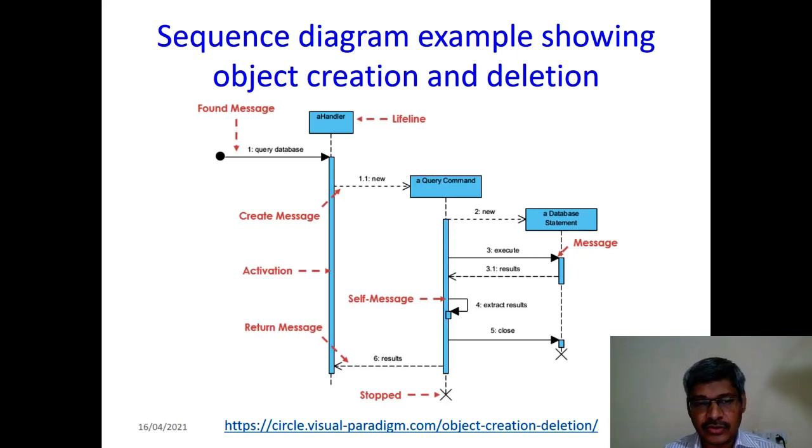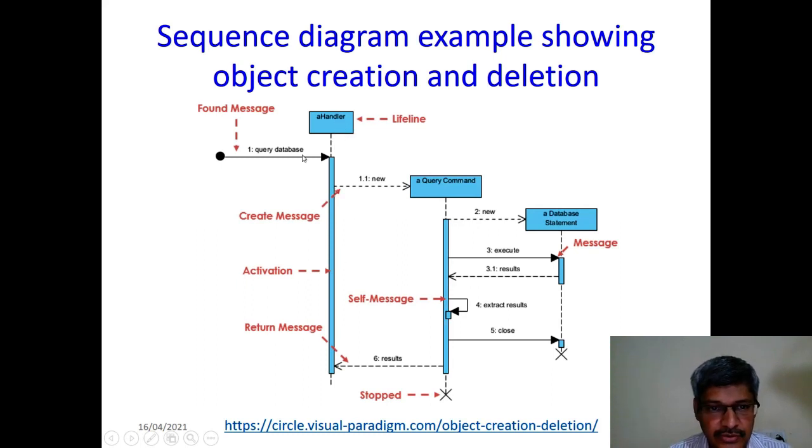Okay, so we wanted to execute a query. This example I have discussed in detail in the previous video, but let me talk about it again. You want to basically execute a query, so you want to query the database. There is a handler. In this case it is shown as a passive object.